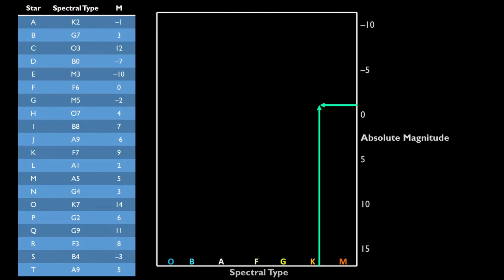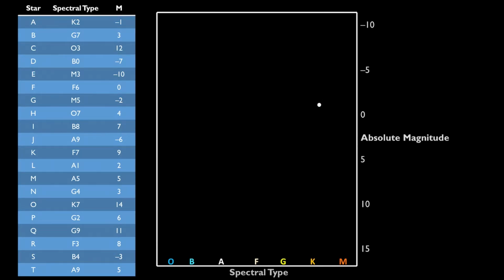So let's start by labeling the x-axis as the spectral type and the y-axis as the absolute magnitude of the stars. Then we can use simple dots to represent the spot on this graph that the star's characteristics will intersect. For example, for the first star, star A, we have a spectral type of K2 and an absolute magnitude of -1. So we're looking at this point here, and that's where we'll place a dot for star A.